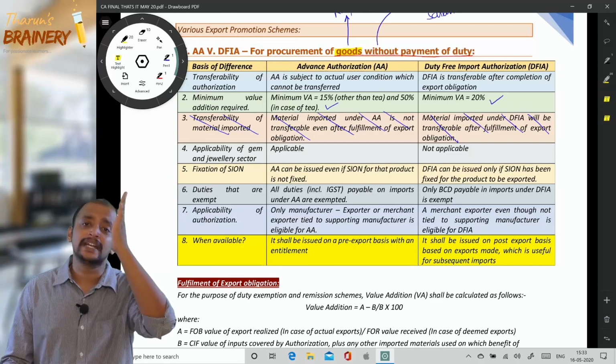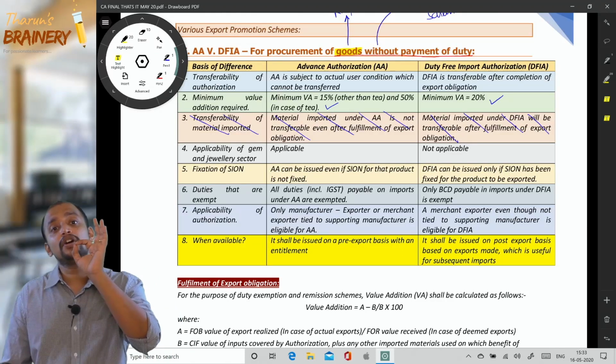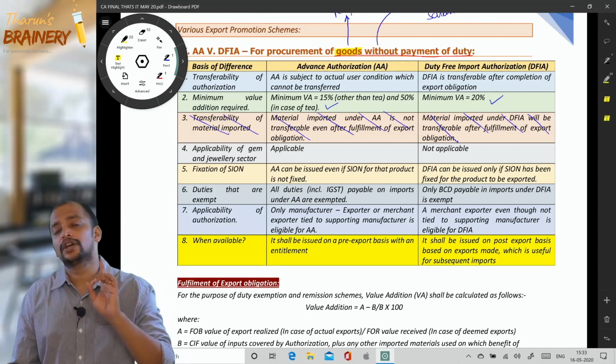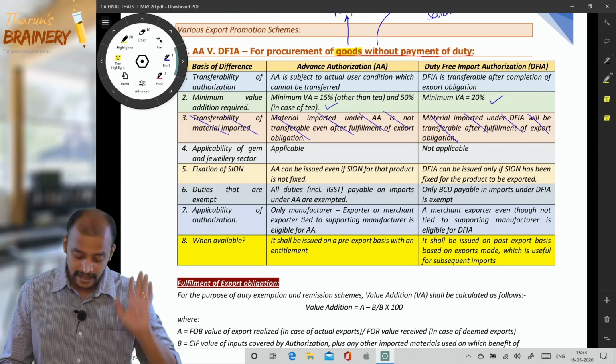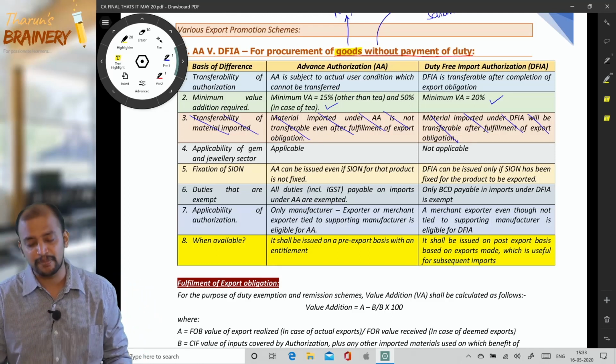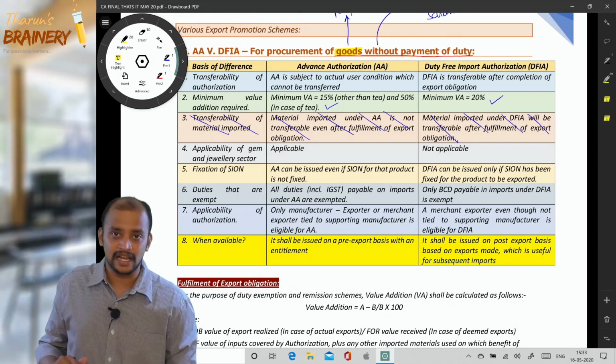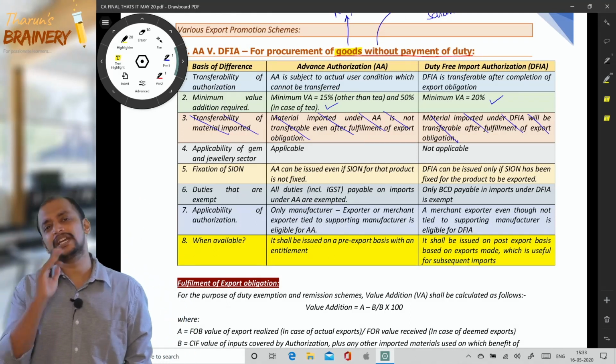Otherwise, you need to go for AA only. DFIA can be issued only if SION has been fixed for the product to be exported, whereas AA is not like that. Because there is a logic in this.